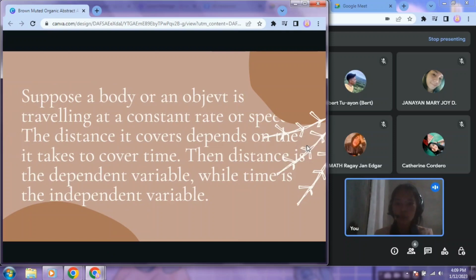Suppose an object is traveling at a constant rate or speed. The distance it covers depends on the time it takes to cover it. Then distance is the dependent variable, while time is the independent variable.